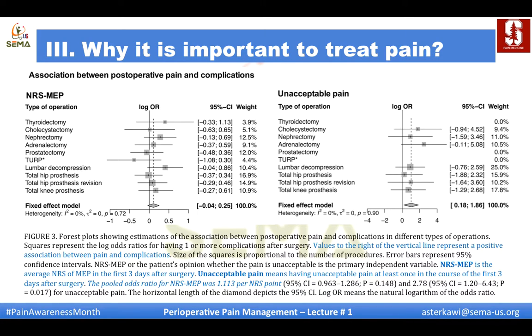Indeed, NRS pain scores on average increased, and unacceptable pain at least once during the course of the first 3 days after surgery increased the odds as well.